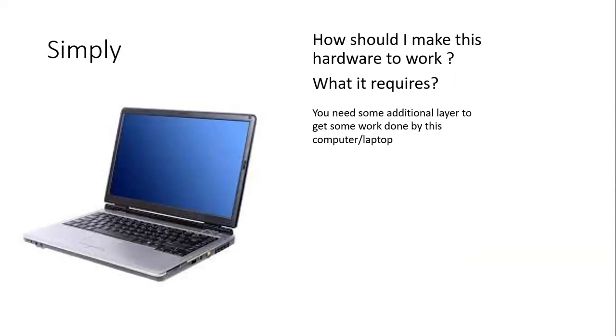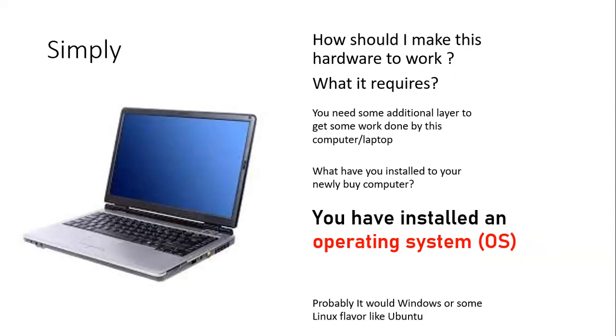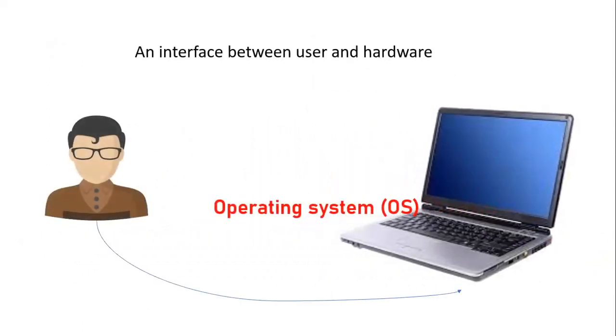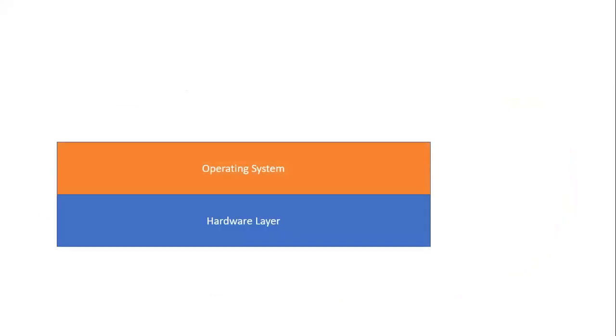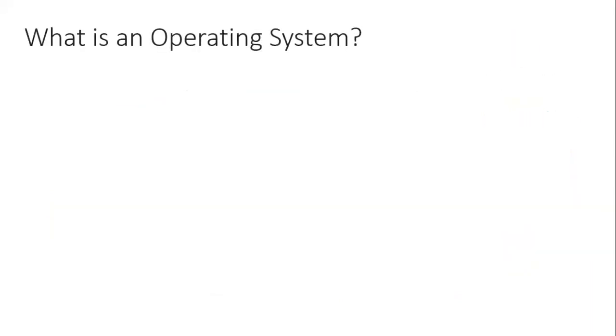An additional layer to get some work done, and this is the very first component. So we have discussed those things. The operating system is the interface between the user and the hardware. So this is the operating system layer, and underneath that we have the hardware layer, and the different types of operating systems available.